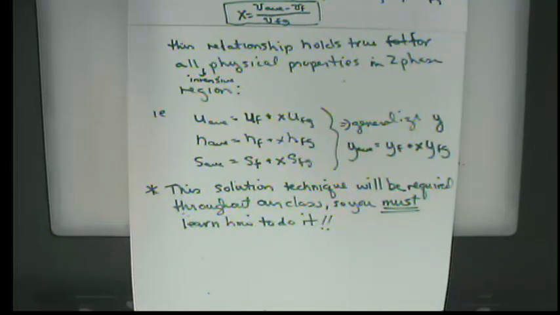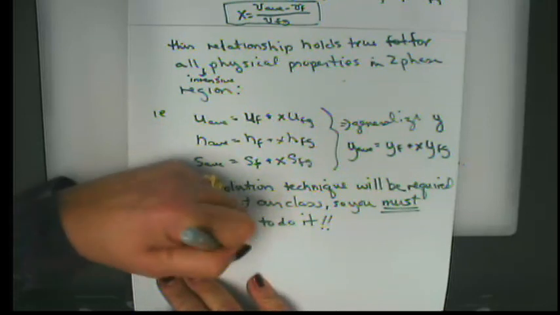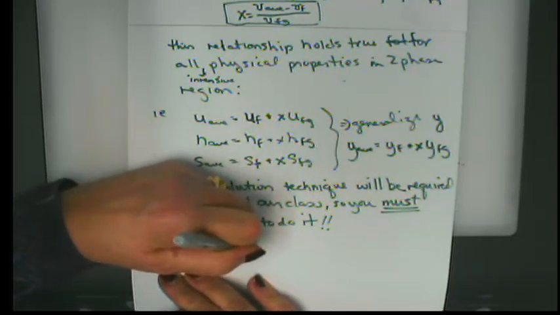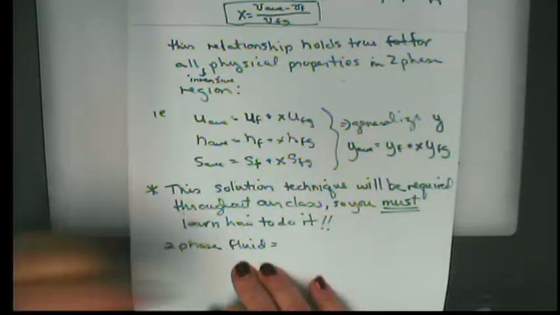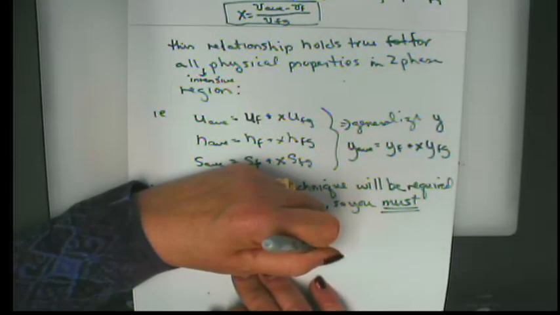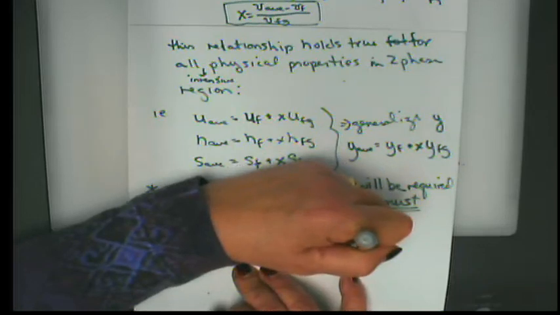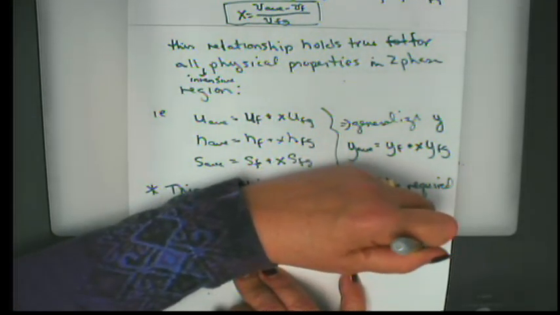Now, the other thing that they sometimes call this two-phase envelope, two-phase fluid, is what's within that envelope. It is also sometimes called a saturated liquid-vapor mixture.